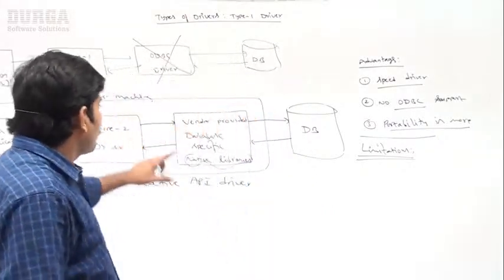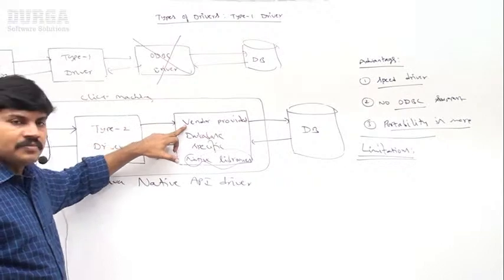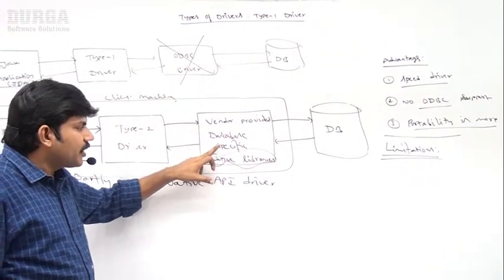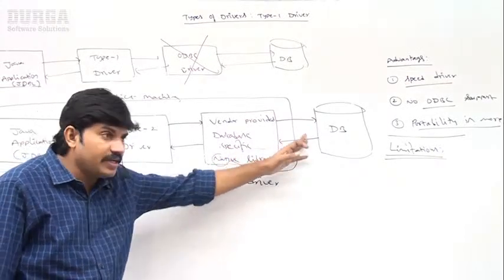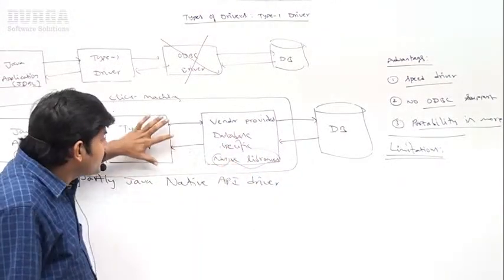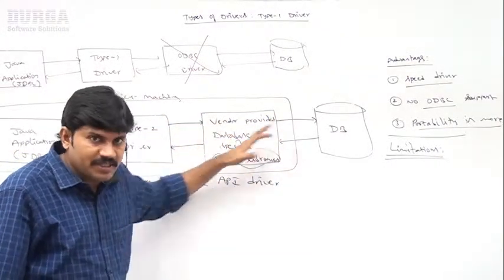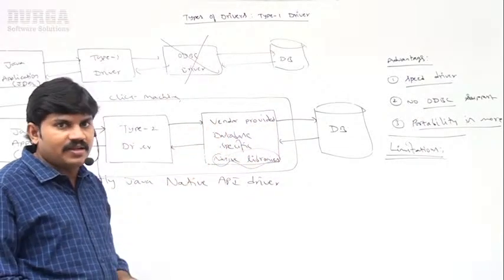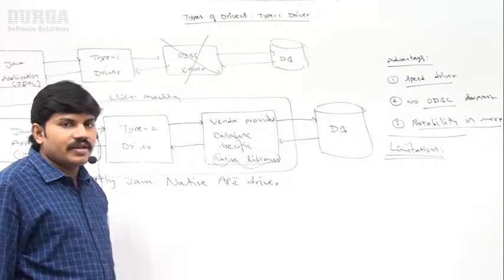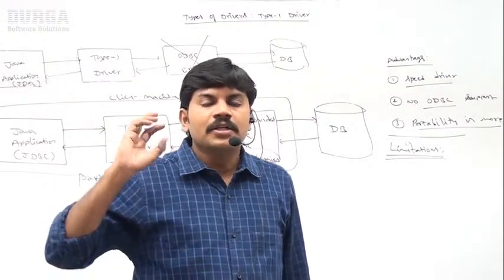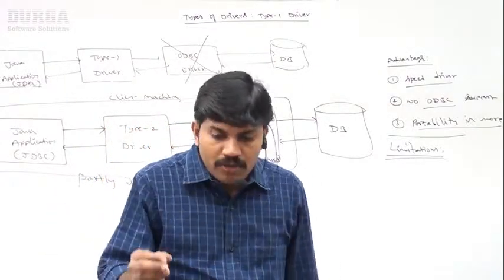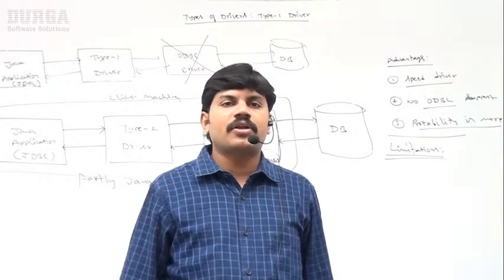Very simple. The type 2 driver internally communicates with the native libraries which are provided by the database vendor. So it is communicating directly with the database specific libraries. That's why this driver is a database dependent driver. Today I am using Oracle. Tomorrow if I want to use MySQL, you compulsorily have to change your driver.